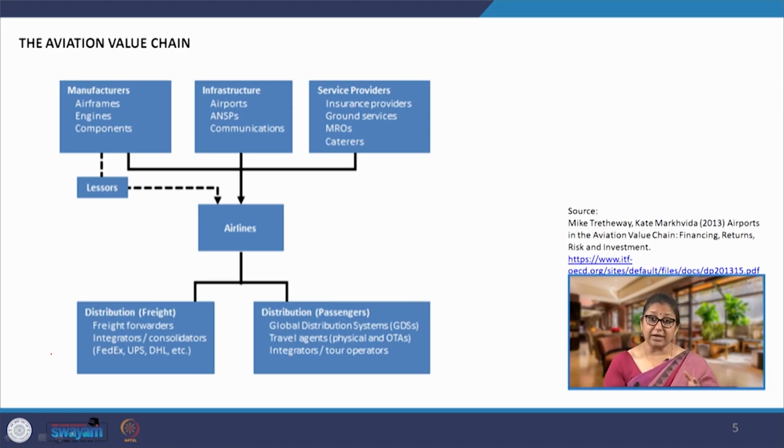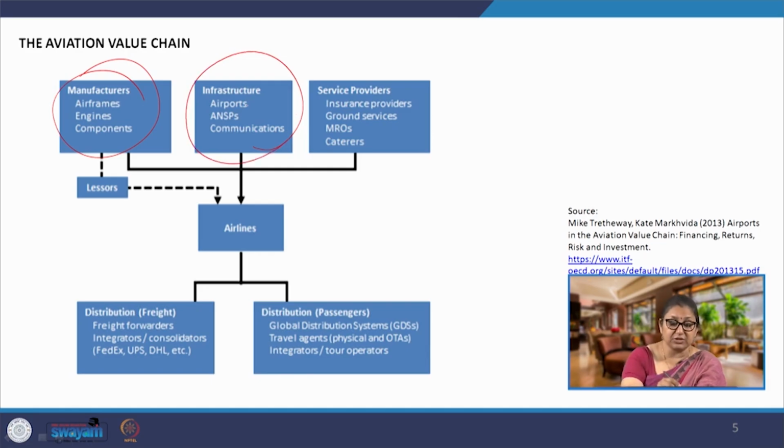Now, where do airports fit in the aviation value chain is what this diagram tells us. If we look at the entire aviation value chain, we will see that there are manufacturers who manufacture the airframes, the engines, and the other components that form the aircraft largely, and other equipment also. Then we have a very strong component of infrastructure, which is where the airports come in. The communications, the handling, everything is part of the infrastructure.